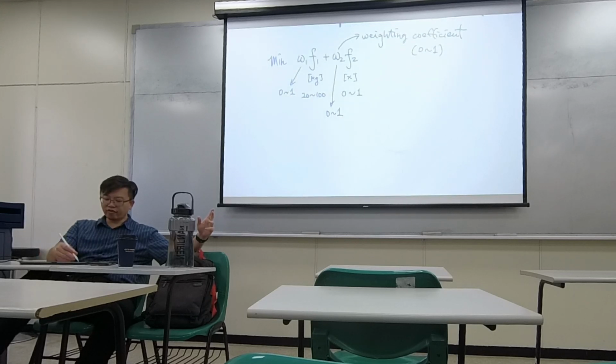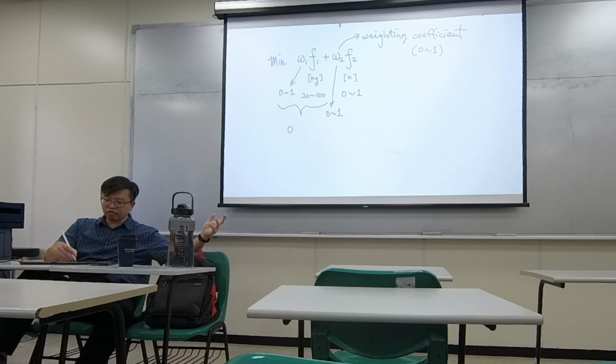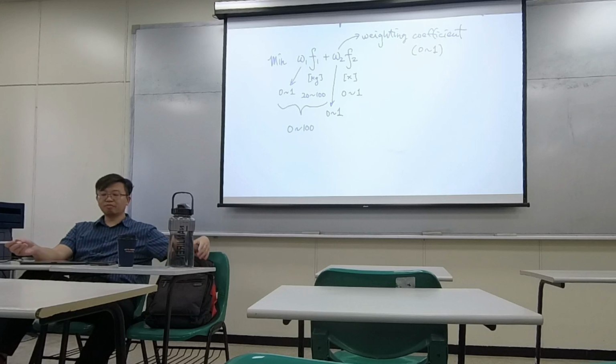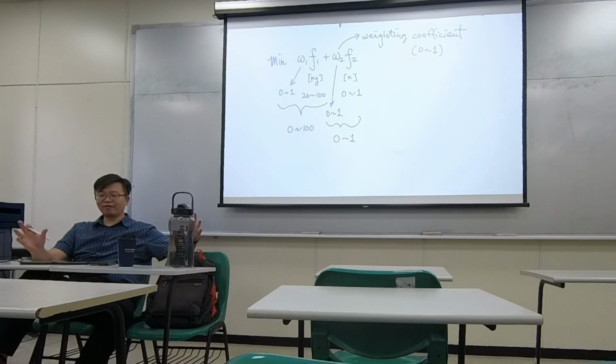So at the end, overall, this term is in the range of 0 to 100. The largest value it can be is 100. The smallest value it can be is 0. But this part is 0 to 1. So when you sum them up, the second term plays a very small role in the overall objective function.